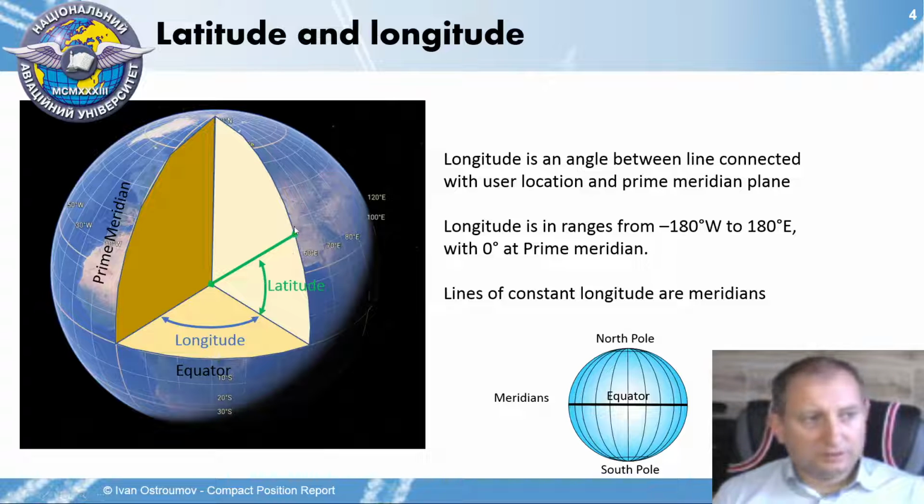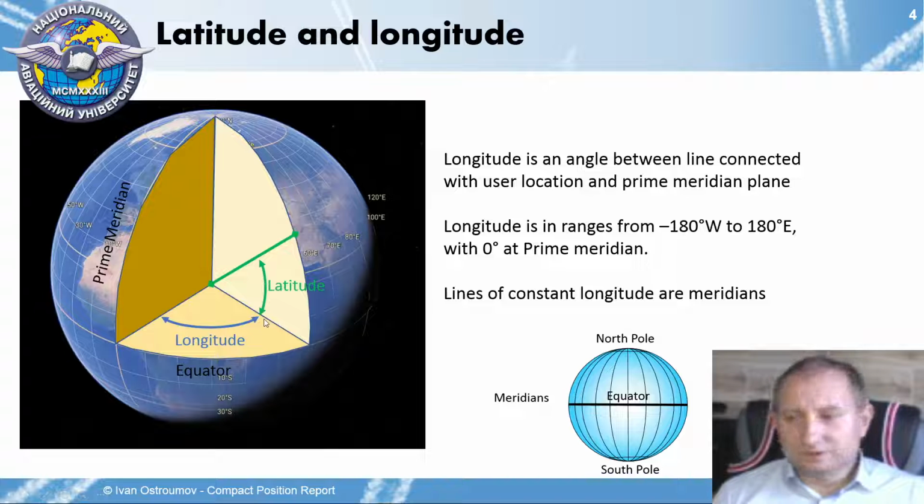That's why if we are located at this point, then we can use the meridian which goes through our location and it creates another plane. Thus, the angle between these two planes gives us longitude.